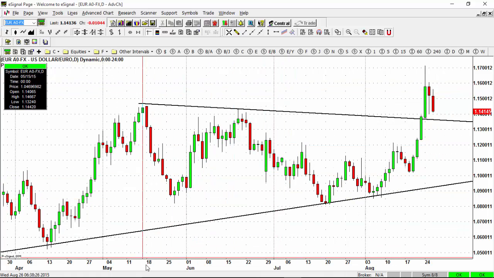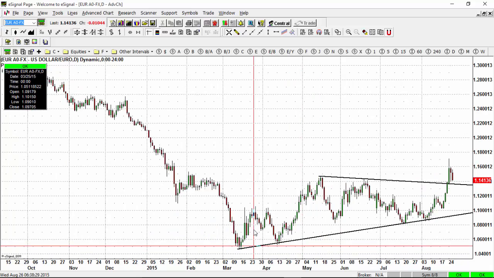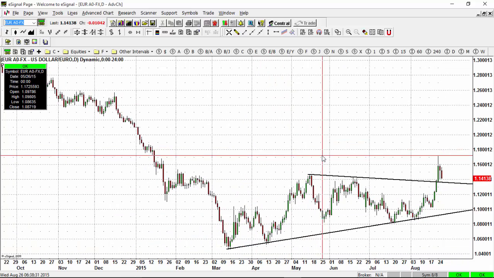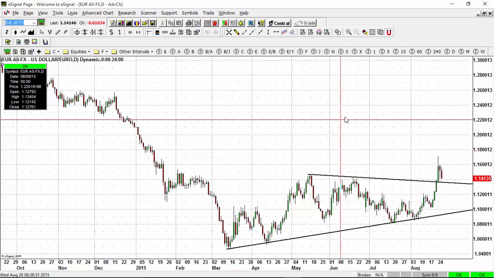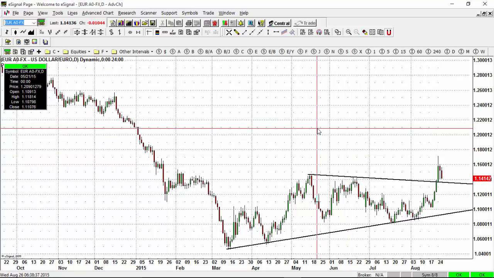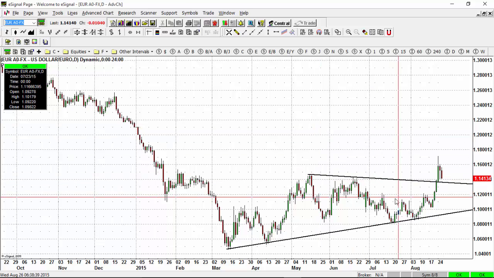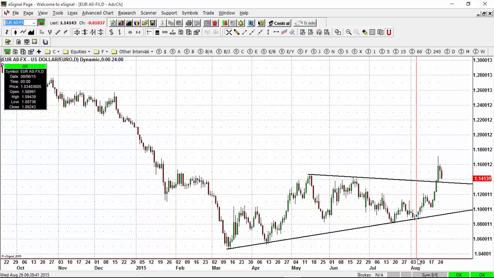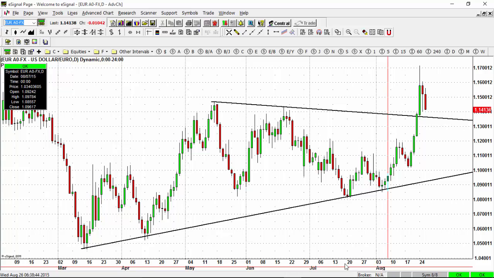Okay, in front of us we have a chart of the euro and we see that the euro is pulling back. The dollar is strengthening against the euro. And what we could be doing is testing this breakout point in the euro. I mean, sometimes when we have breakouts, we have the market just continue upwards, and sometimes we have the market come back down, test the breakdown point, then continue upwards.